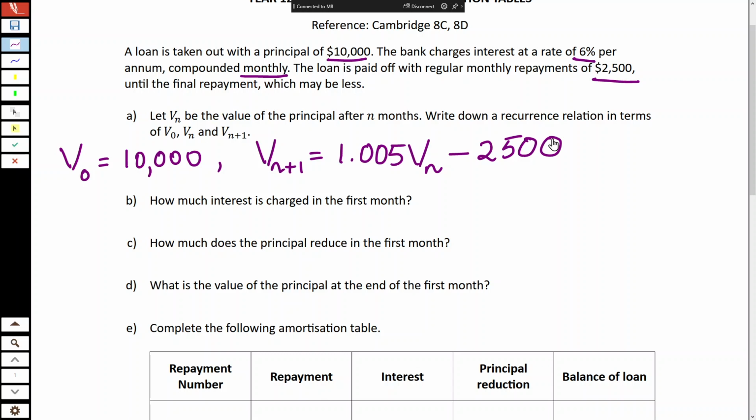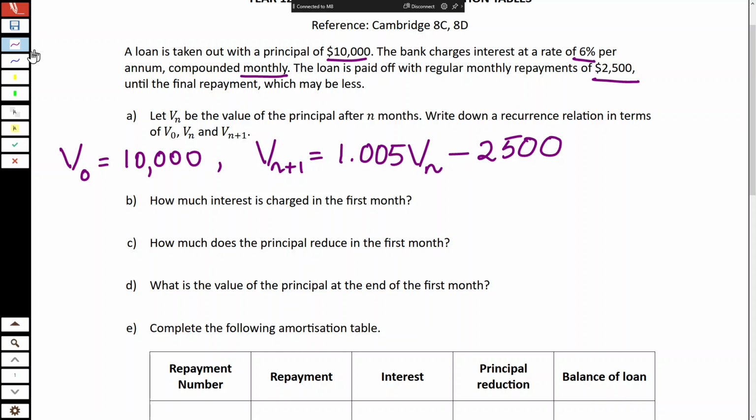Okay, so we've borrowed $10,000, so now I owe that money to the bank. Vn is the amount of money I owe, and it's going to go down, so I'm subtracting it because over time I'm going to pay off the loan, and eventually I'll owe nothing to the bank, and I'll be fine and dandy.